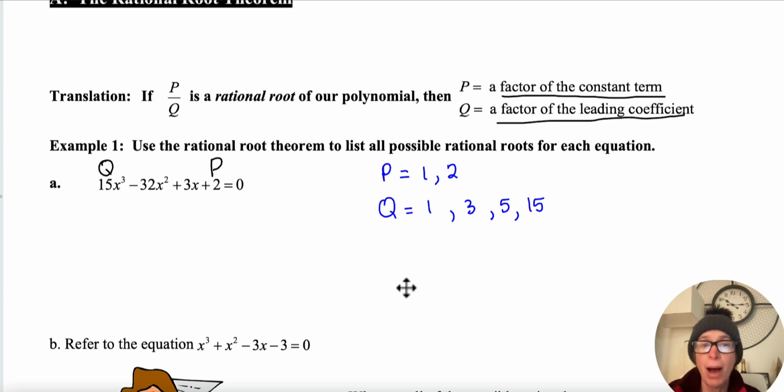So all of the possible rational roots would be p over q, and plus minus.